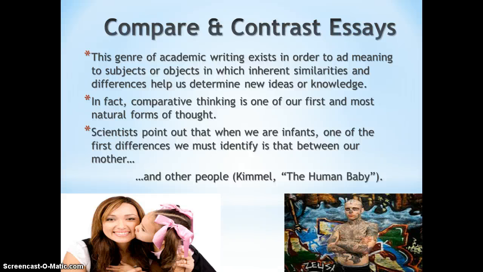And again, we do this on purely physical, visceral reactions. We're not intelligent enough yet to know otherwise. And so we're already forming a very natural way of analyzing the world through compare and contrast. If people are similar to our mother, well then they're safe. If they're not, well then we get scared.